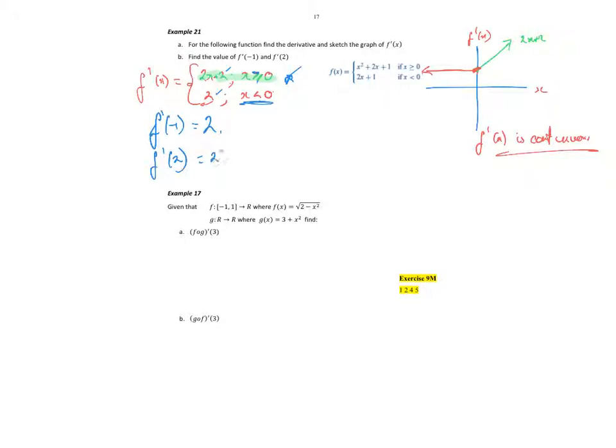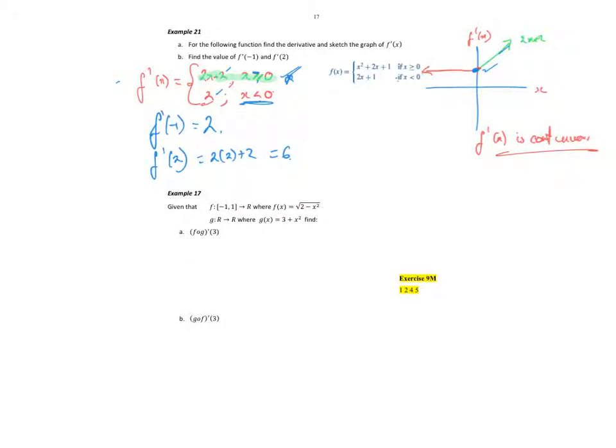So that's equal to 2 times 2 plus 2, which is equal to 6. I probably shouldn't have written that in green. So there's my derivative function. It's two separate sections. Because the derivative function is continuous and joins up at 0, the derivative is defined at 0.